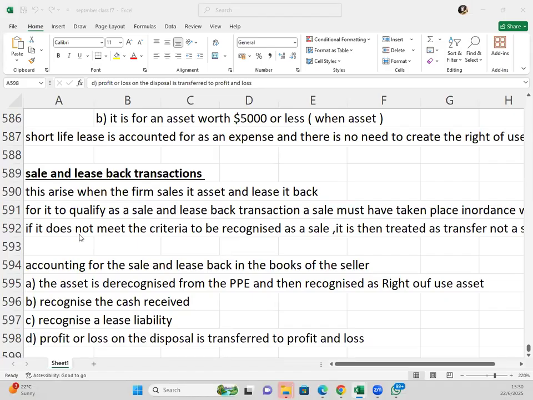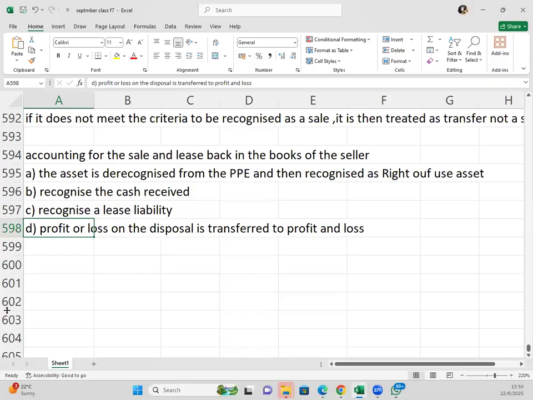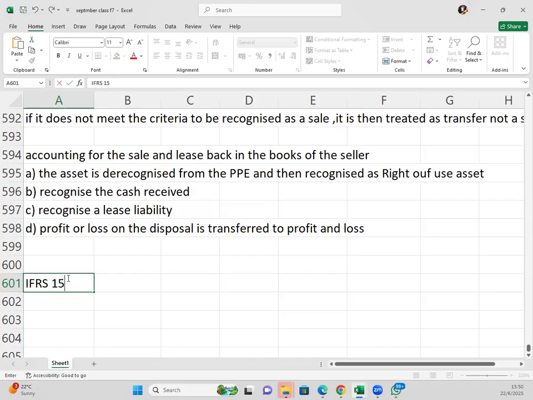Now, I said that for us to recognize a sale, it must first of all meet the criteria for revenue recognition. So with that in mind, I want us to introduce the next standard, IFRS 15. IFRS 15 is a very important standard. It was developed from IAS 18 and IAS 11.